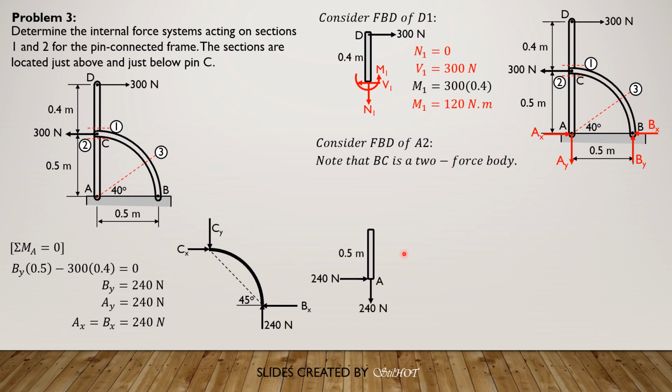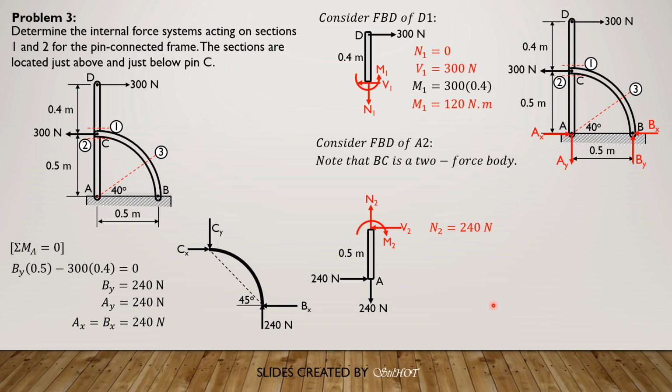So that Ax equals Ay, 240 newtons. So this is section 2. The forces consist of N2, shear 2, which is leftward to resist the rightward force, and the moment is clockwise, M2. So summation forces Y equals 0, so obviously N2 is 240 newtons.